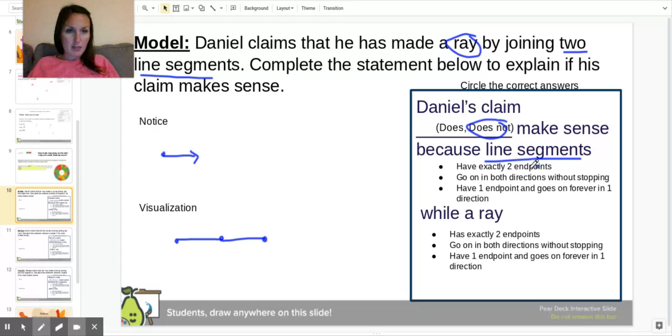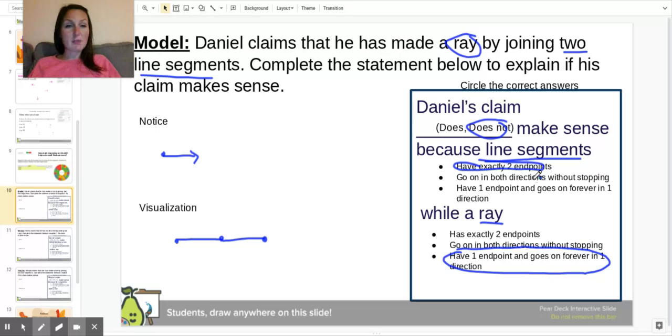So that would be two endpoints, an end and an end. So this is the one I would choose. And here it says, while a ray, that's what I drew here, okay, that has hooray, right, like the cheerleader. So it does not have two endpoints. It doesn't go on forever. It has one endpoint and then goes on forever in the other direction. So I would choose this one.